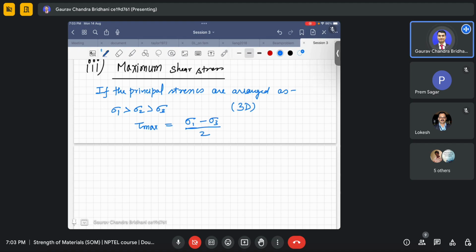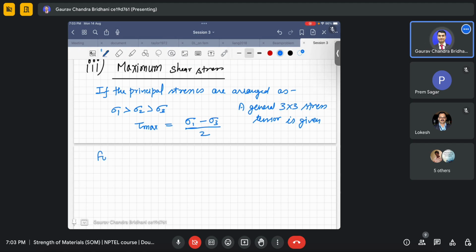If a general 3x3 stress tensor is given, in that case you will have three roots obviously.